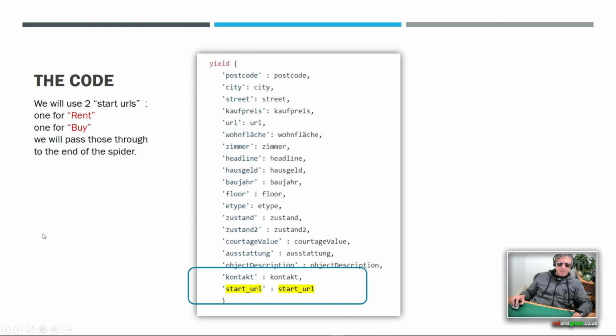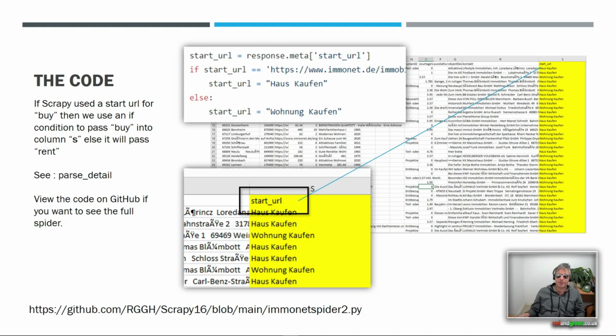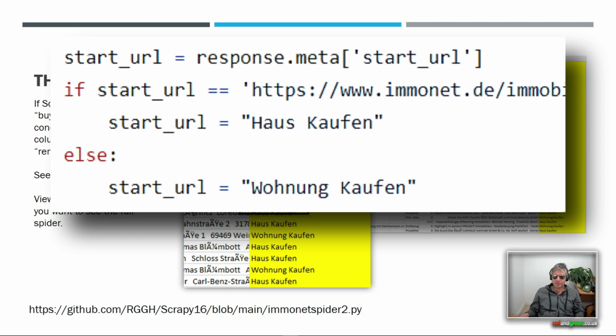So next, then it passes down. Once it's in pass detail, it's yielded to the CSV, standard Scrapy. So although I say start URL, it's actually what we convert the start URL to based on an if condition. So if the start URL equals HTTPS blah blah blah, and somewhere in it it will have a query string parameter for house, then convert that long URL to some text which says Haus kaufen, which means buy a house.